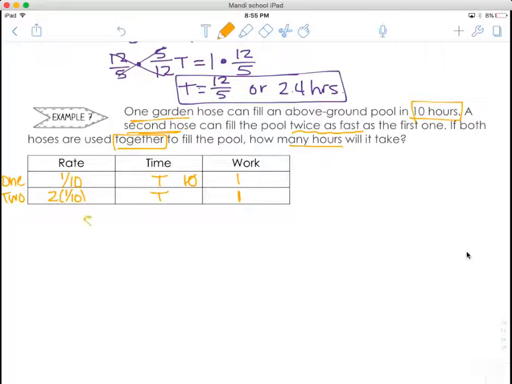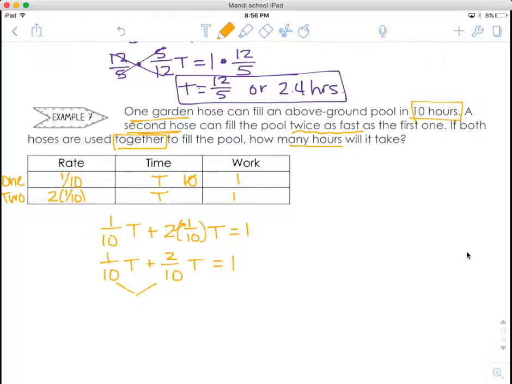So the work of the first one, 1 out of 10, holy cow. 1 out of 10 times time plus 2 parentheses 1 out of 10 times time equals 1. So that's 1 out of 10 t plus 2 out of 10 t equals 1. So multiplying right there, 2 times 1.